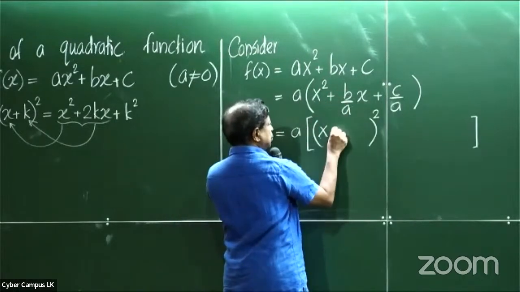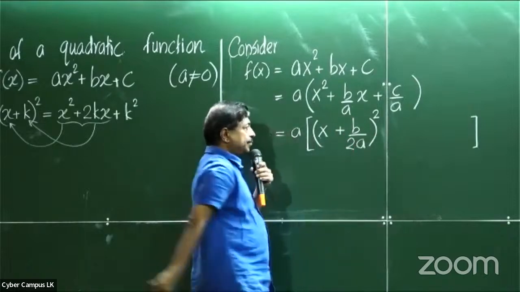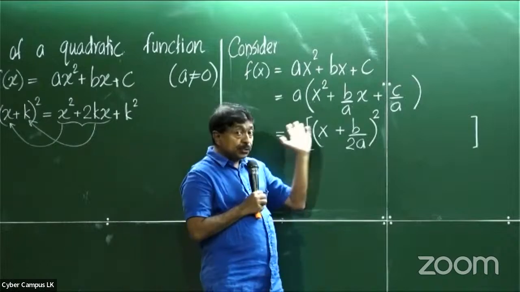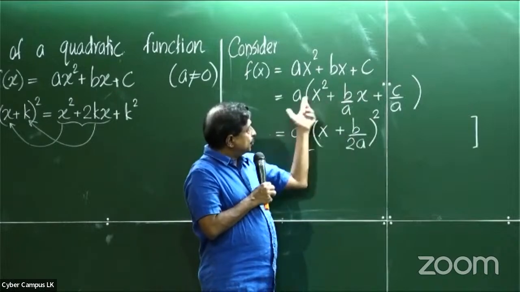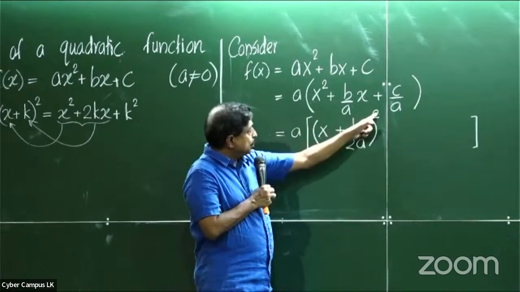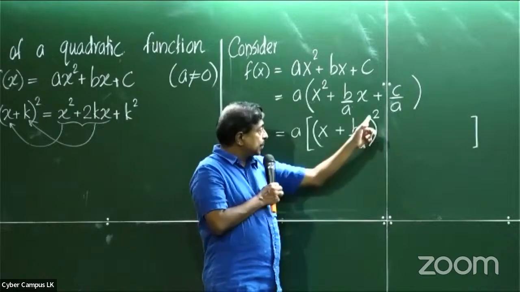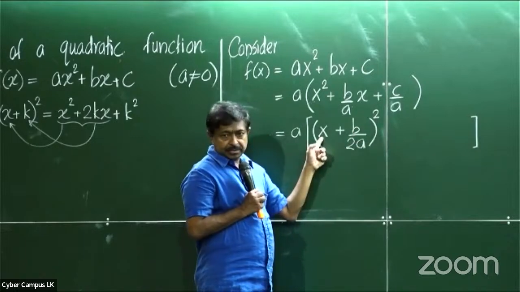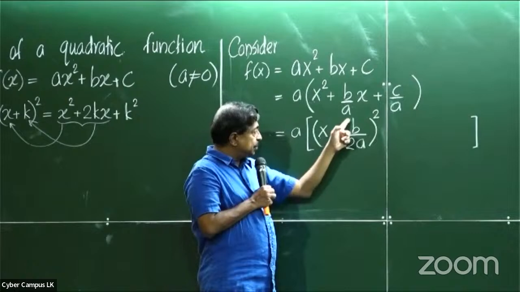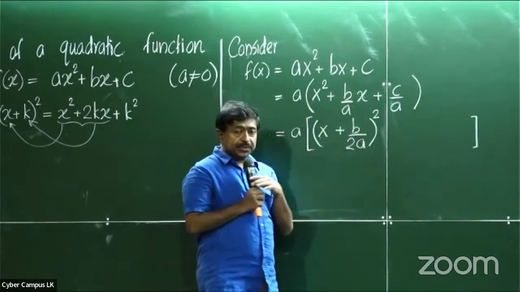Divide this number by 2, so you have b over 2a. Now the first two terms of this function are taken care of by this square. When you expand this, you get x squared. What's the 2ab term? 2 times this times x, so 2 times this one is b over a times x. So it's there. But you have an extra term.